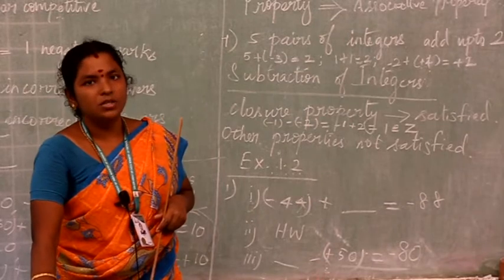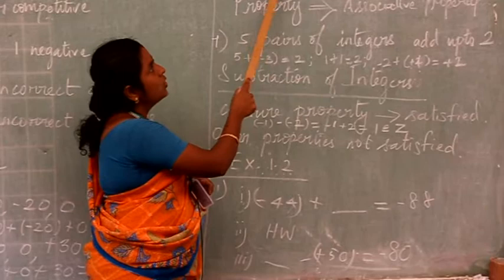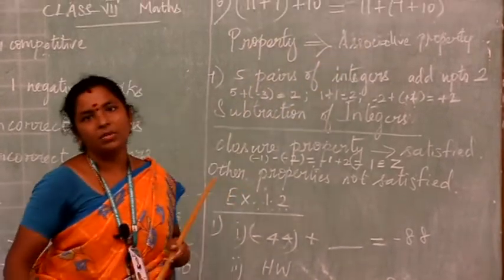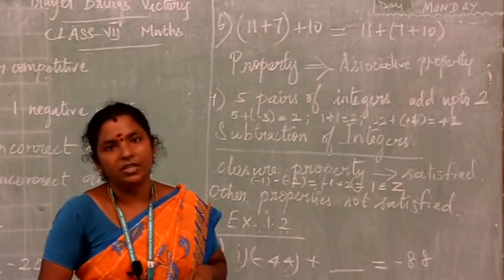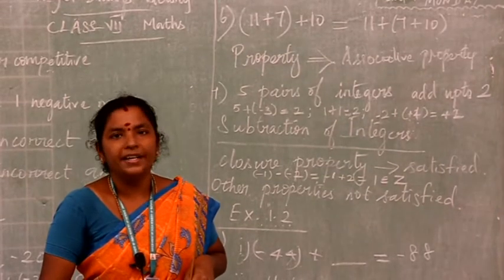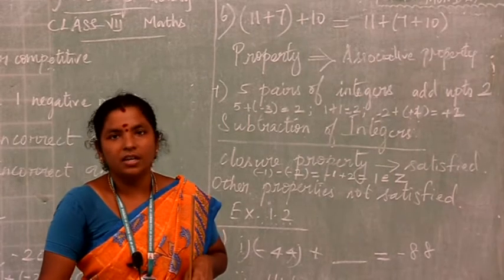Similarly, if you go for the associative property, again you have to give a minus sign. So here you will get one answer, and on the other side you will get some other answer. So this associative property also will not hold good in subtraction. So similarly you can do the inverse property and also the identity property. So both will not be satisfied. Give an example for this and try it out.